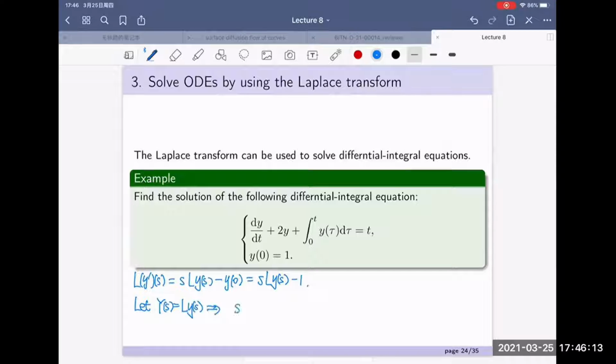We get s capital Y minus 1 plus 2 times capital Y plus, so this is the integral, right? If you have an integral, the Laplace transform of an integral will be the Laplace transform of y divided by s, because integral is antiderivative.